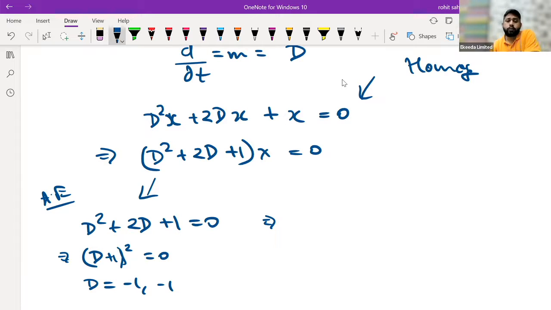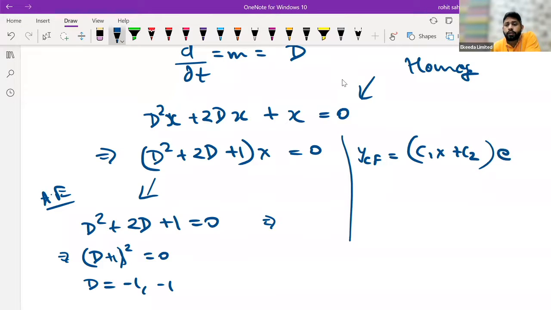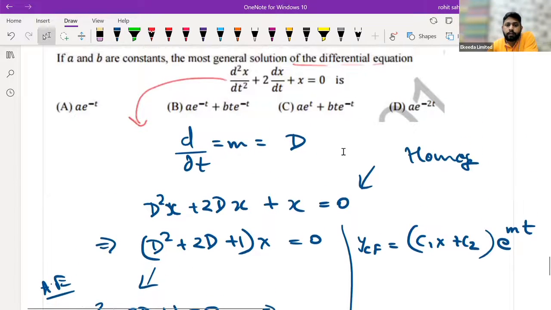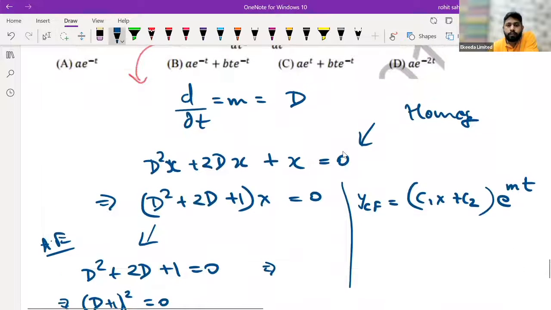अब अगर real repeated roots आ रहे हैं तो आपने देखा था कि जो आपका कॉम्प्लीमेंट्री फंक्शन आ रहा था वो कुछ ऐसा था, c1x plus c2 टाइम्स ऑफ e to the power of m लिखा था जो आपने, वो यही m है, m. और बस आप ये देखो कि आपका डिपेंडेंट वेरिएबल like it was independent variable was t. So as per that -1 डालना है बस, और कुछ नहीं.